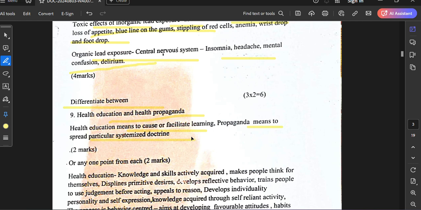Propaganda means to spread a particular systemized doctrine. We have to propagate it. Now the information is confined to only some people. We have to make sure this information reaches more people. That is the aim of health propaganda. But health education means to cause or facilitate learning.